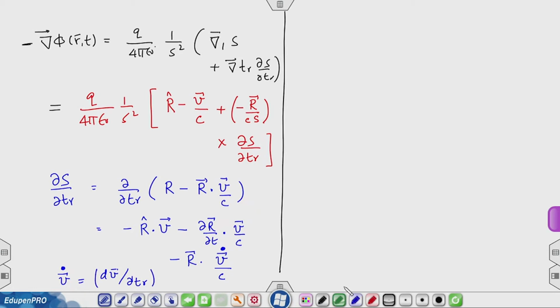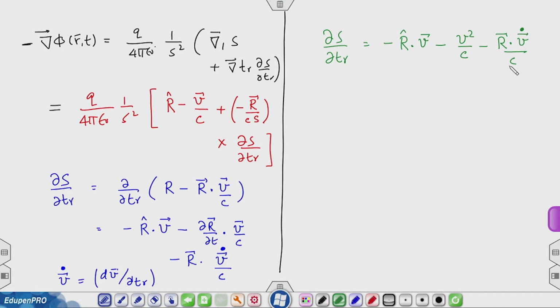So, ds by dtr comes out to be minus r unit vector dot v minus v square over c, minus r dot v dot over c. Let us see if there is a mistake.